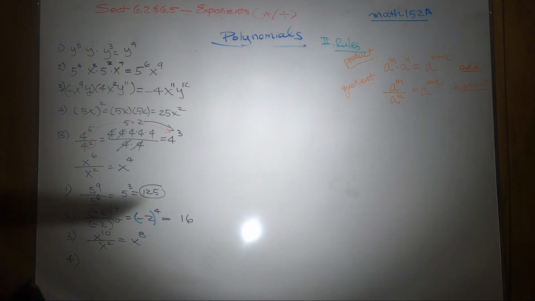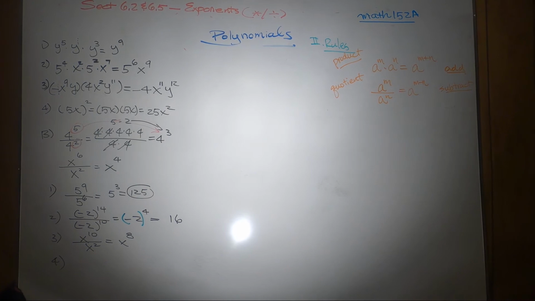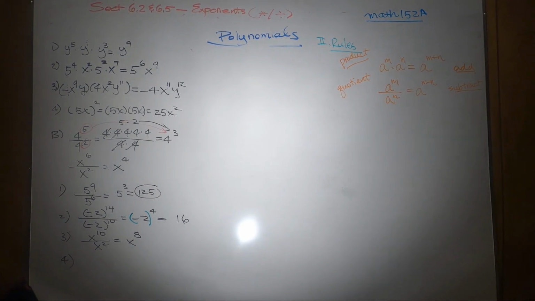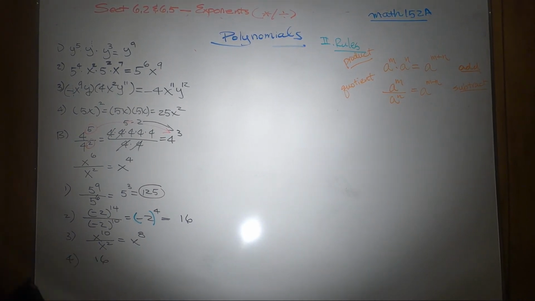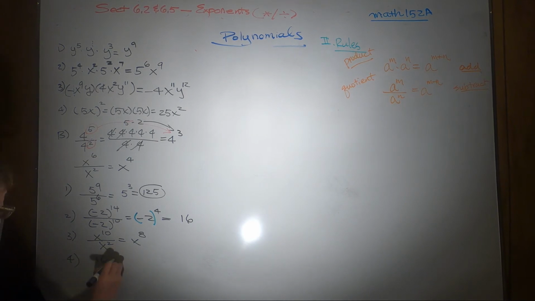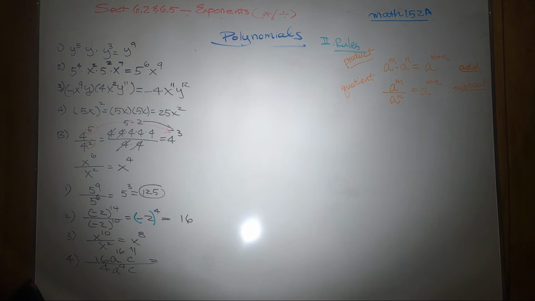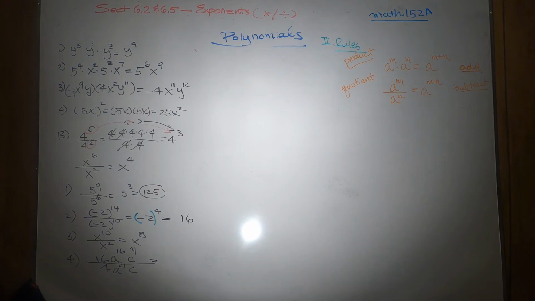If you have this one, 16 a to the 16th power, c to the 11th power over 4a to the 4th power and c. What do you think? You take care of the numbers with numbers, same variable with same variable.